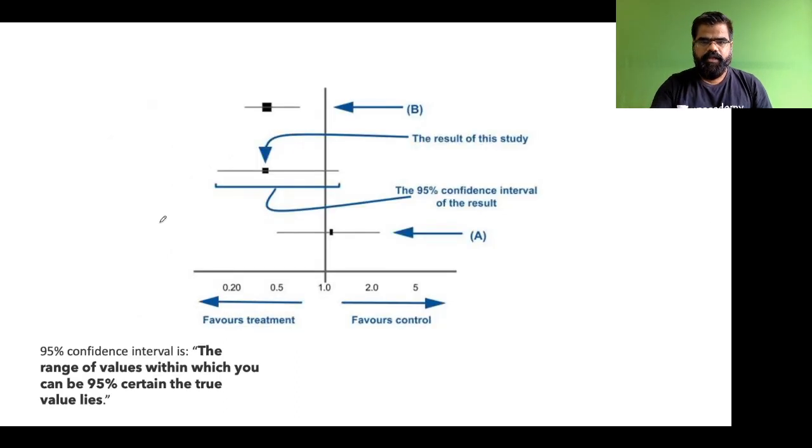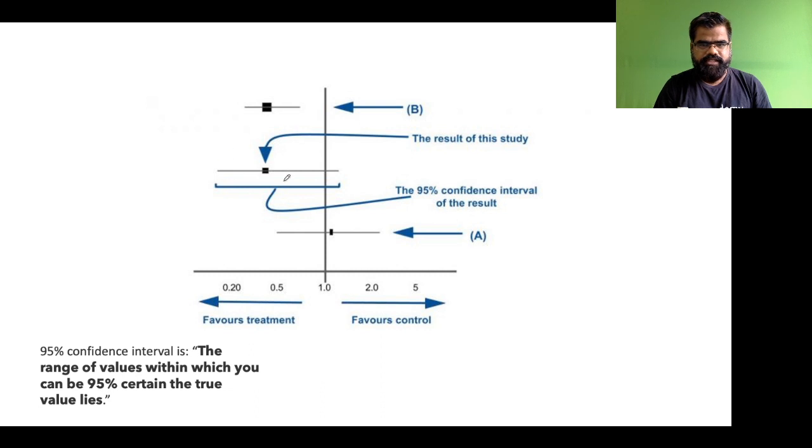Okay. Now once we know that, let's see what you can see in this picture. There is a small box, and you have a horizontal line. Again, there is a small box and a horizontal line. Again, a small box and a horizontal line.